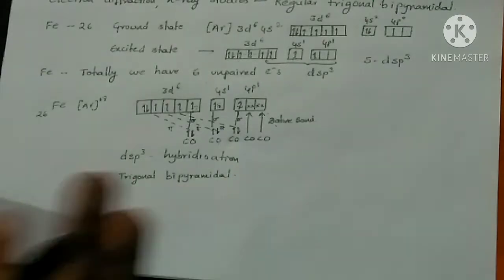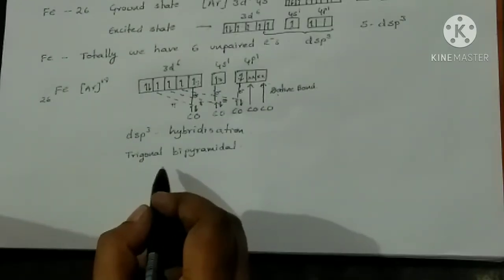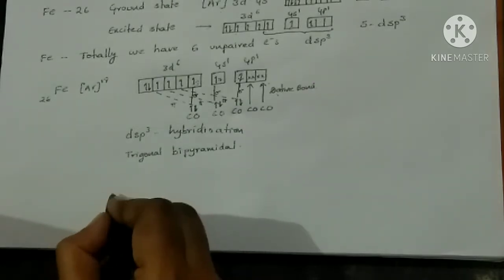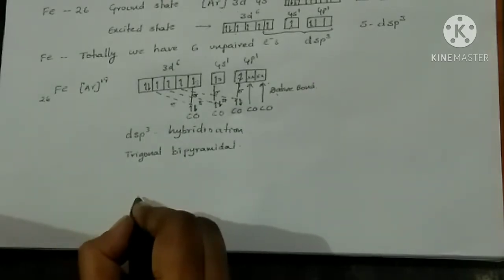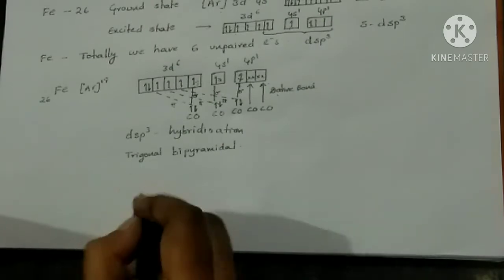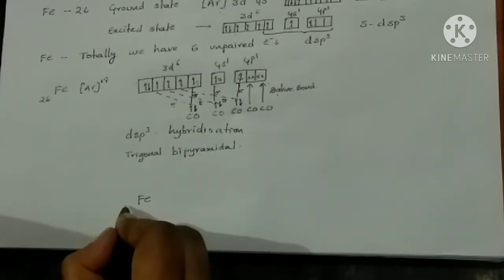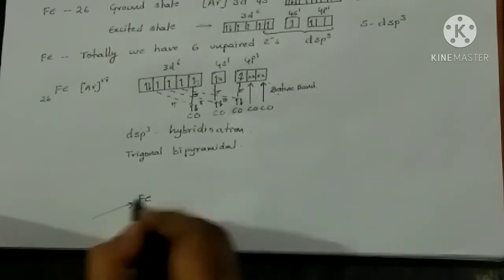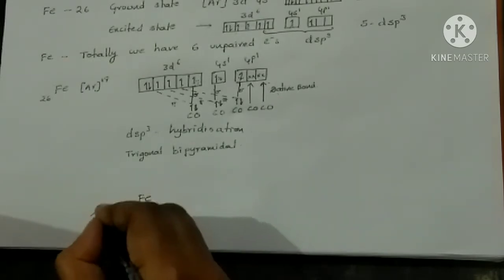The structure I am drawing here is for iron pentacarbonyl, so it's with 2 dative bonds.